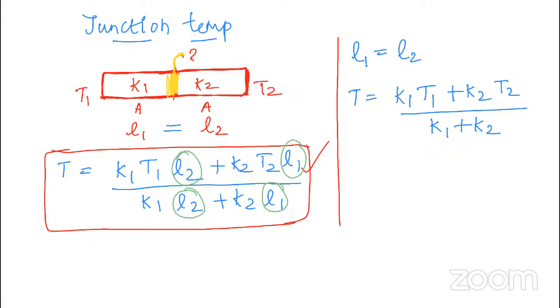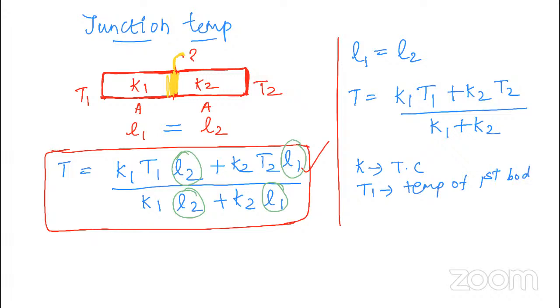So this is the formula to calculate the junction temperature. Here K is the thermal conductivity of a material, and T1 is the temperature of the first body.